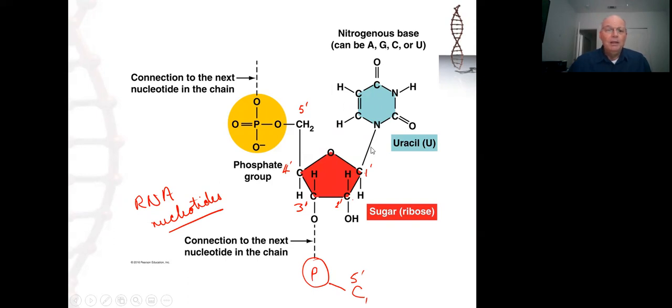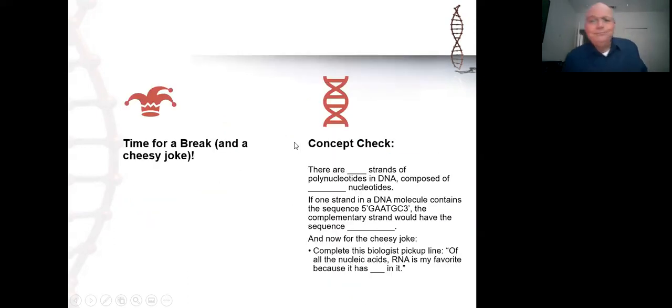So, final concept check. We are almost there. Seems like we've been going forever. So there are how many strands of polynucleotides in a DNA composed of how many nucleotides? If one strand in a DNA molecule contains this sequence, the complementary strand would have what sequence?